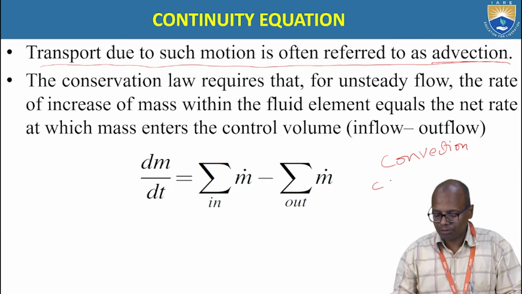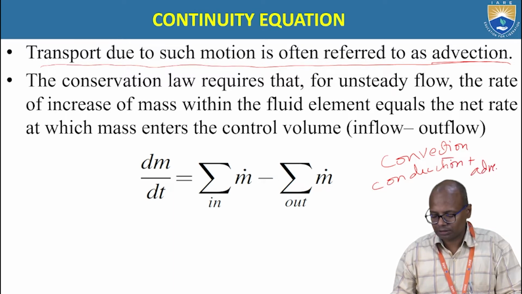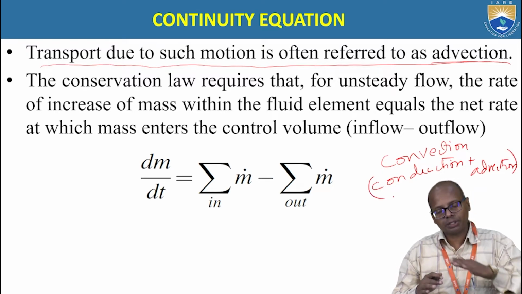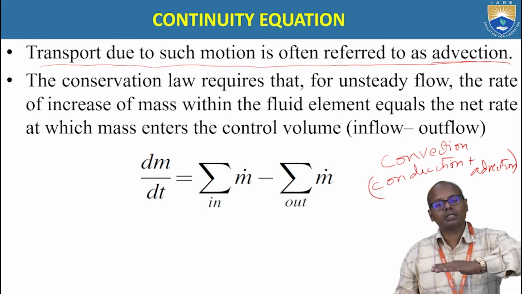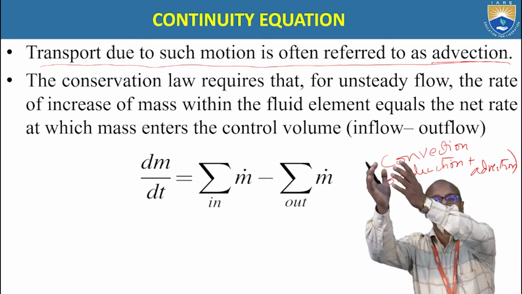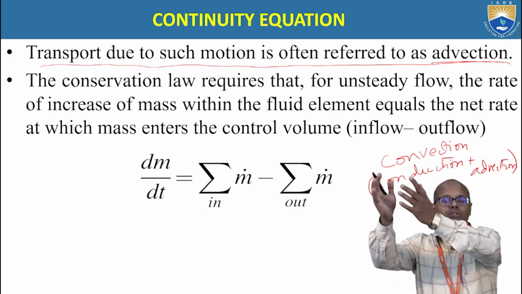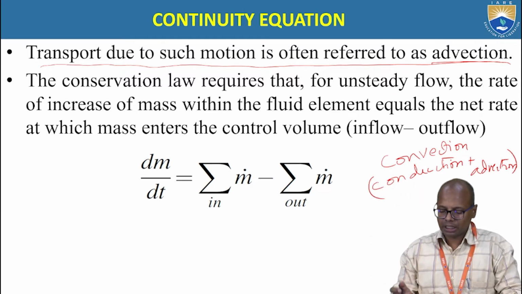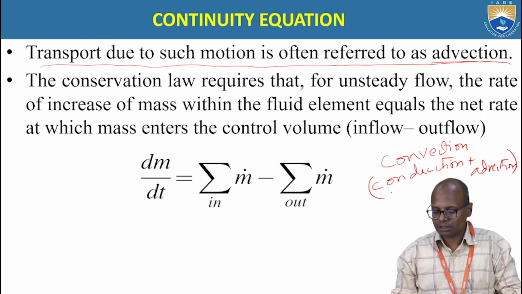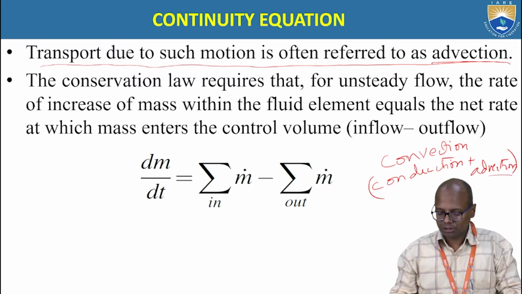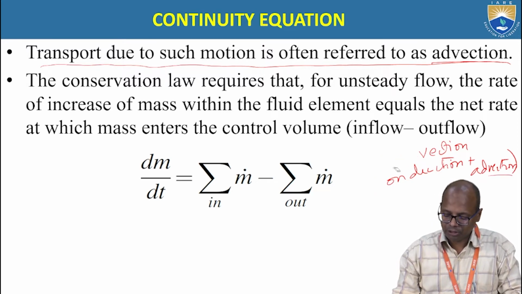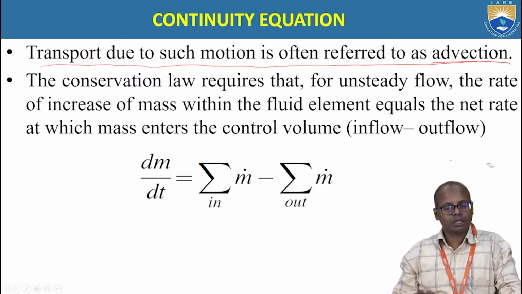It is the combination of conduction plus advection. Conduction happens between the surface and the molecules, which carry the heat. The molecules are transported from one part to another part. So conduction plus advection gives convection. This is a side point where we come across the advection term. So that is what I told.